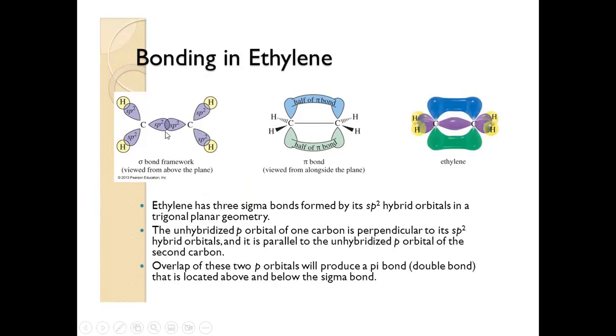The unhybridized p orbital of one carbon is perpendicular to its sp2 hybrid orbitals, and parallel to the unhybridized p orbital of the second carbon. Then it will overlap with the 2p orbital, which produces the pi bond. That's why you can see the double bond located above and below the sigma bond of this ethylene.